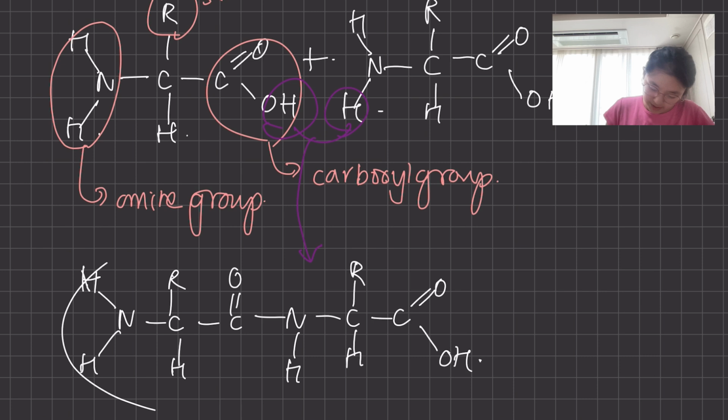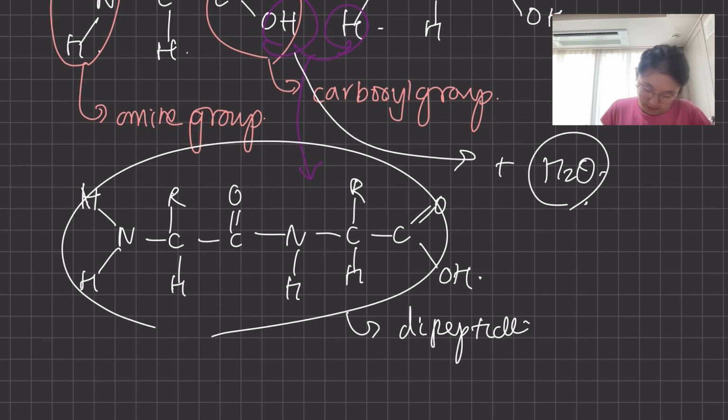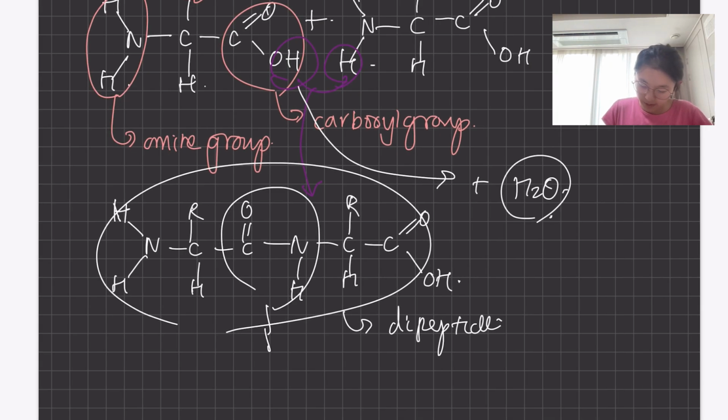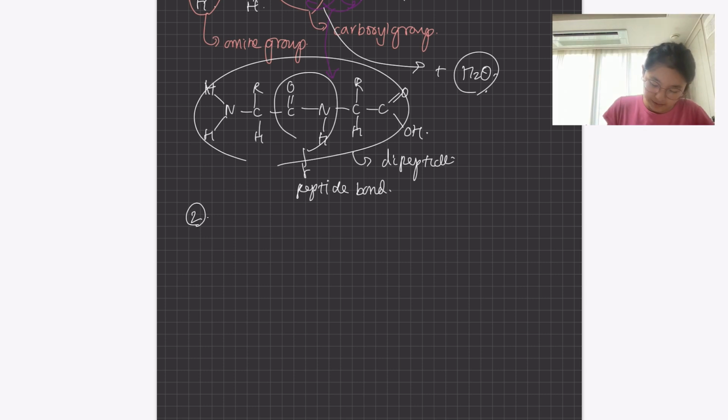Right, so we call this structure a dipeptide, and from this we're obviously going to get water out. Right? Okay, and we have essentially formed what we call a peptide bond right here. Okay, now that we have this down, let's move on to nucleic acids.